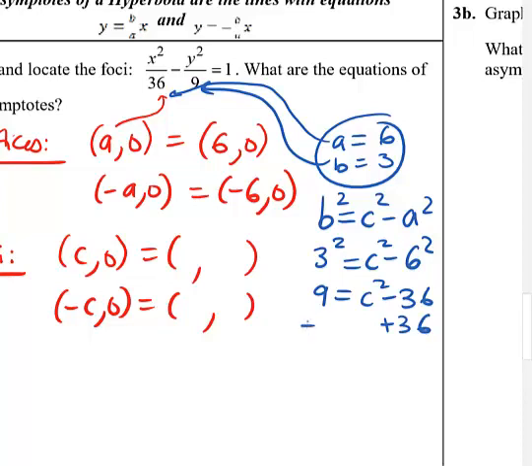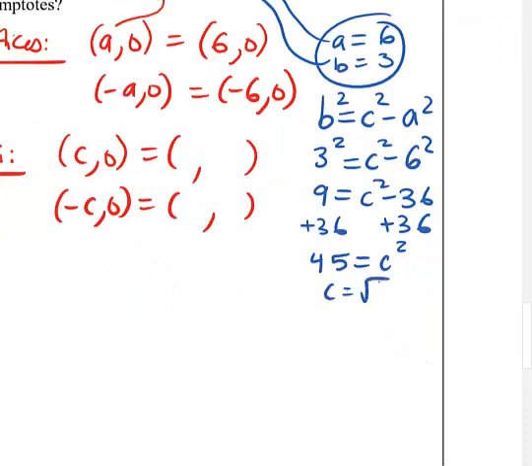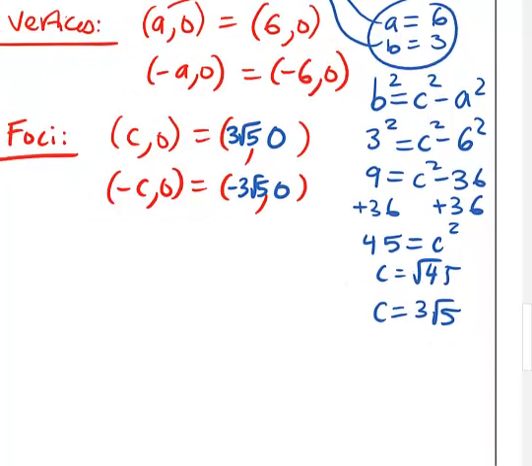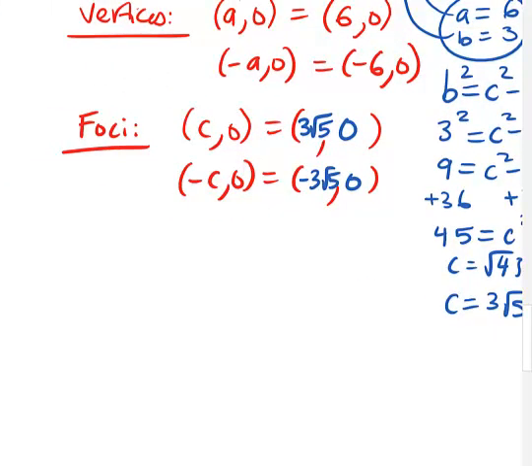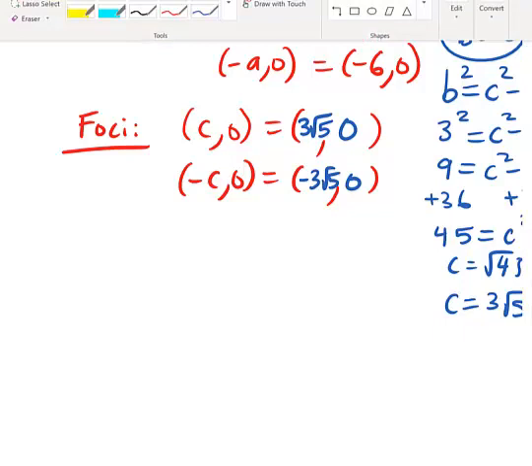If I move 36 over, I believe that's 45. c squared is 45, that means c is the square root of 45. Or if you simplify it, 3 root 5. So that'd be your x-coordinate of the foci. 3 root 5, 0, and then negative 3 root 5, 0. There they are. Foci. But the new thing we haven't talked about is asymptotes.